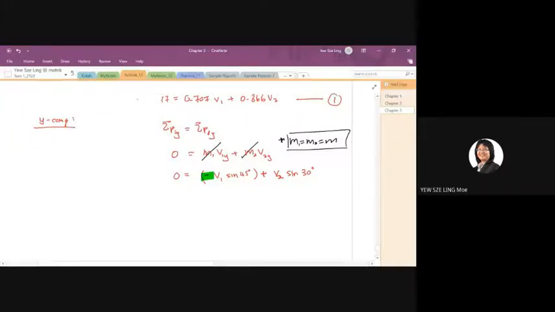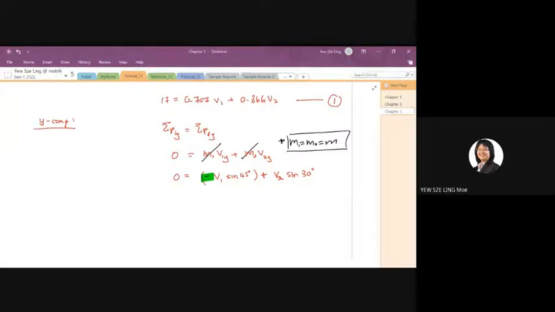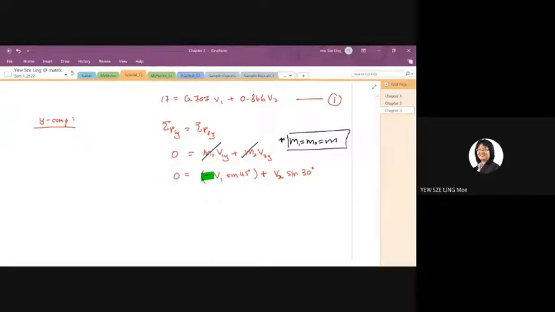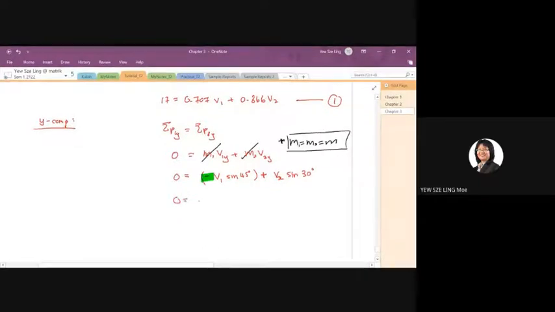All right, next step. Like I told you just now, whenever you have cos or sine of angles, and you have the values for the angles, you calculate the value first. You don't leave it in sine or cos. So now you have 0 equals negative, okay, negative what?